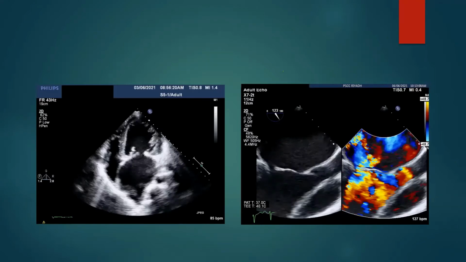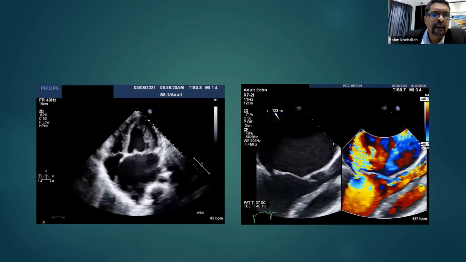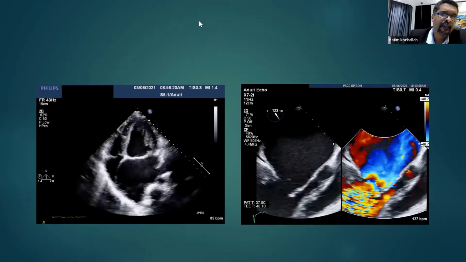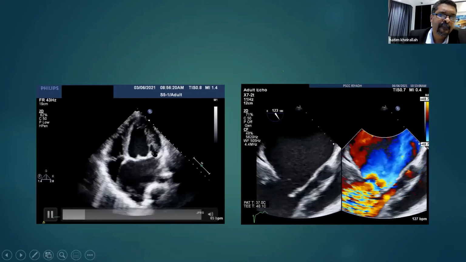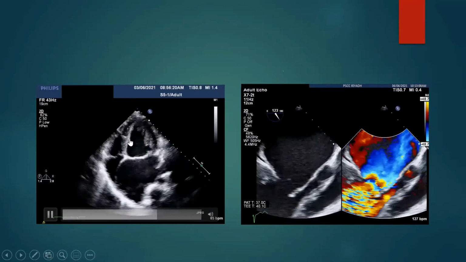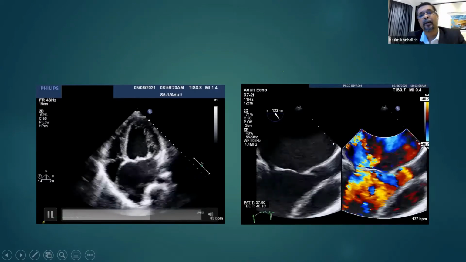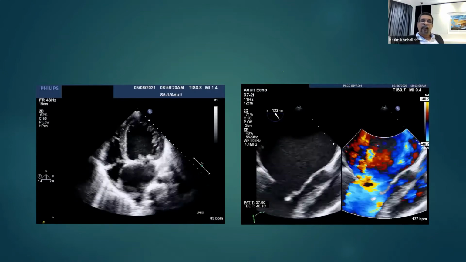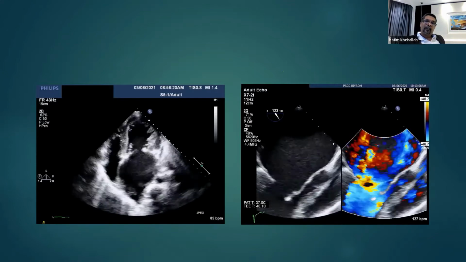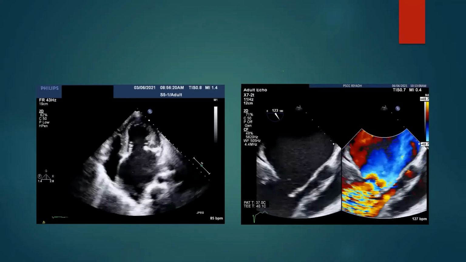Good. But what do you think is the primary pathology in this valve? It is thickened and shortened or tethered. Okay. Could be rheumatic. It's very good, by the way. You nailed it, actually. This is an echo of a 16-year-old gentleman.